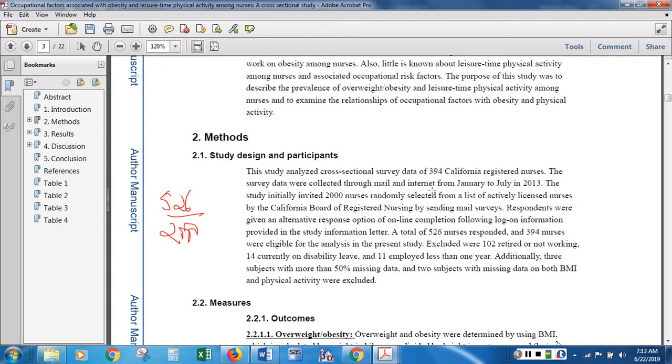Now, as I said, it's a crude estimate, but we can work with that in the context of critiquing that there's the possibility that the 26% is not representative of the 2,000 who were actually randomly selected. They were actively licensed nurses, and so, give or take, there may be issues with regards to representing the totality of the characteristics of the nurses in California.